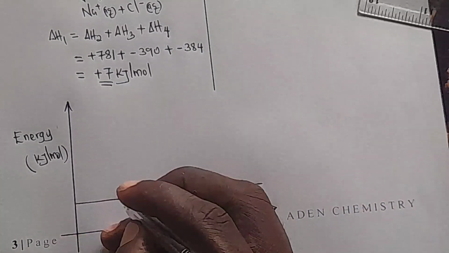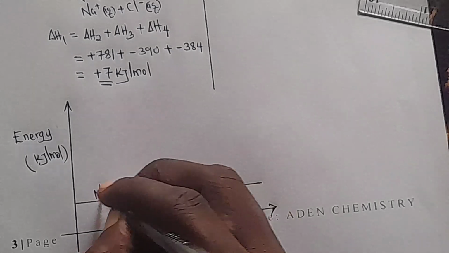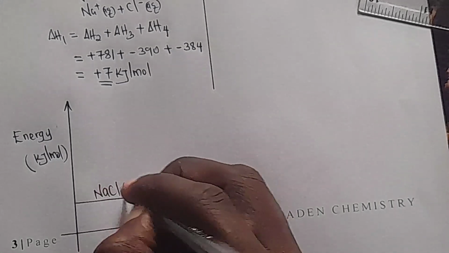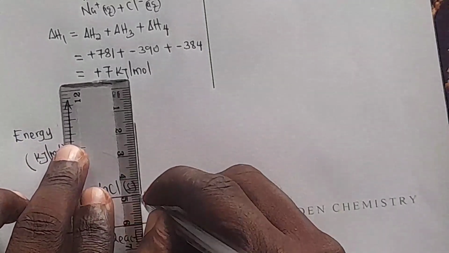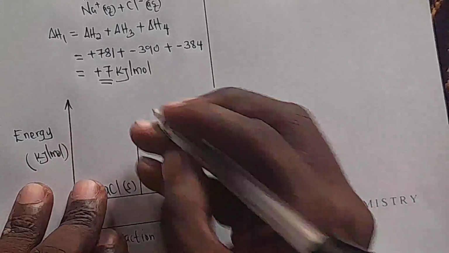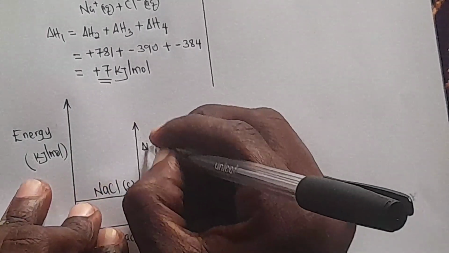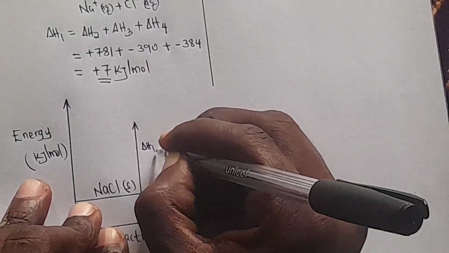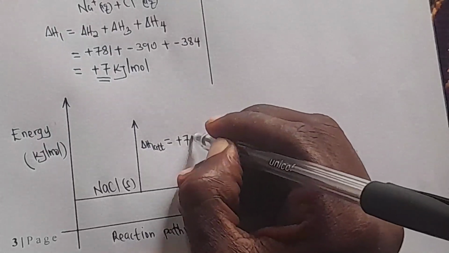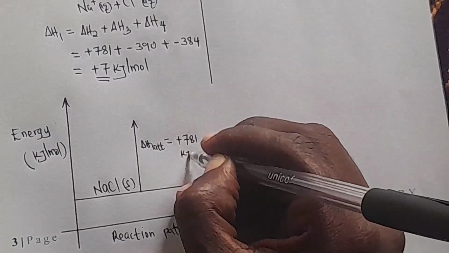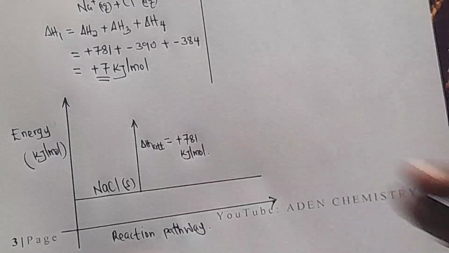On this side, we are going to have our ionic compound, that's sodium chloride solid. Then we are going to draw our lattice energy. Okay, this is our lattice energy. Our lattice energy is positive 781 kilojoules per mole.